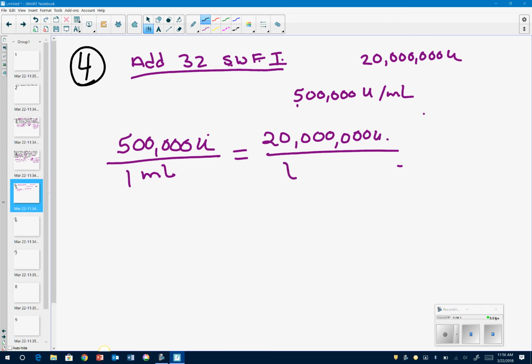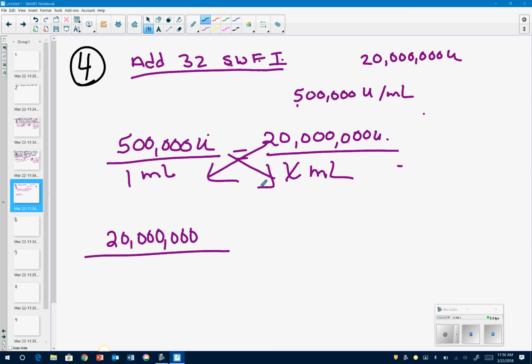So then we're going to have X milliliters because we want to get our total. Okay. So we have units both on top, and you have milliliters on bottom. So 20 million times 1 is going to be 20 million. X times 500,000 is going to go on the bottom.